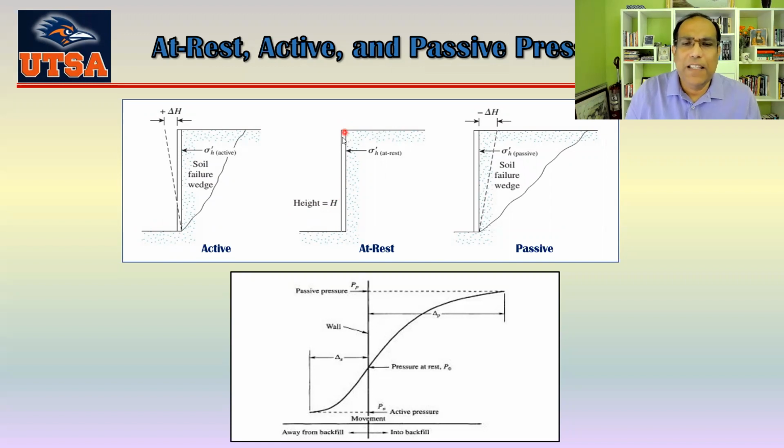And if this retaining wall is straight, didn't move this way or that way, then basically we call that one at rest like condition. And the horizontal pressure, or the lateral pressure of the soil on this wall, we call that one at rest pressure.